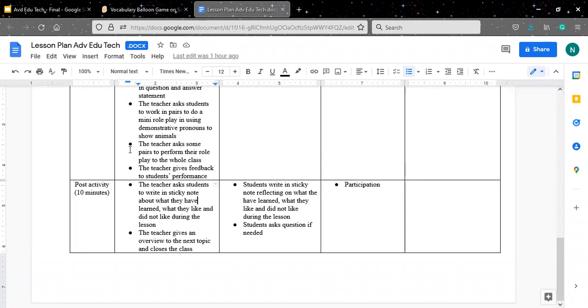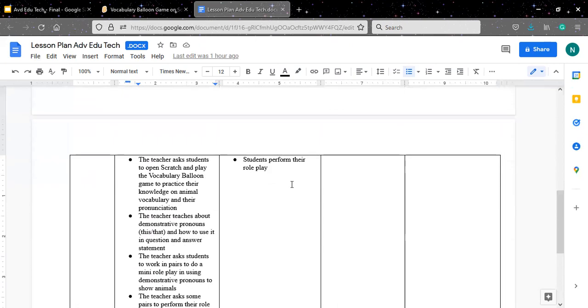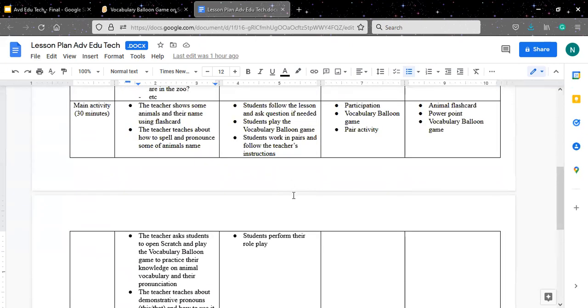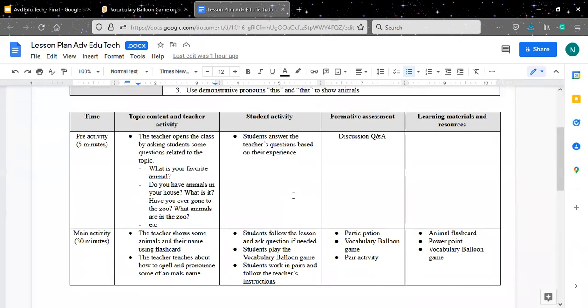In the post activity, the teacher will ask students to write on a sticky note what they have learned, and what they liked and didn't like during the lesson. Then in the closing, the teacher will give an overview of the next topic and close the class. This is an example of how to include the module, the game that I have made, in the lesson plan.